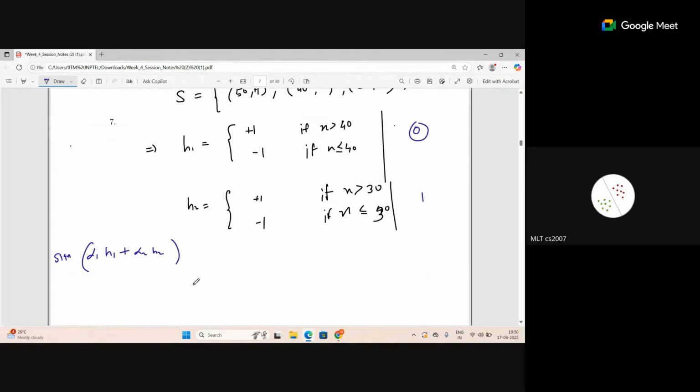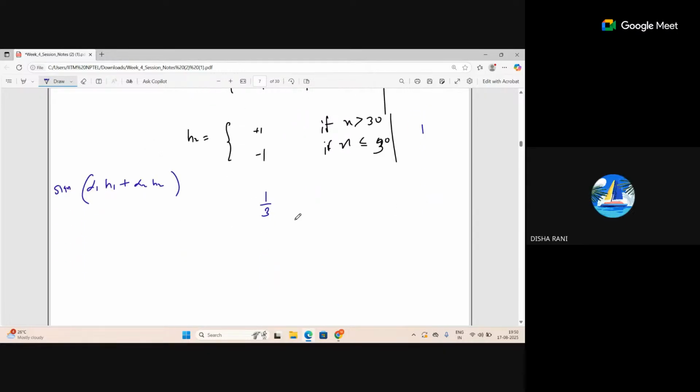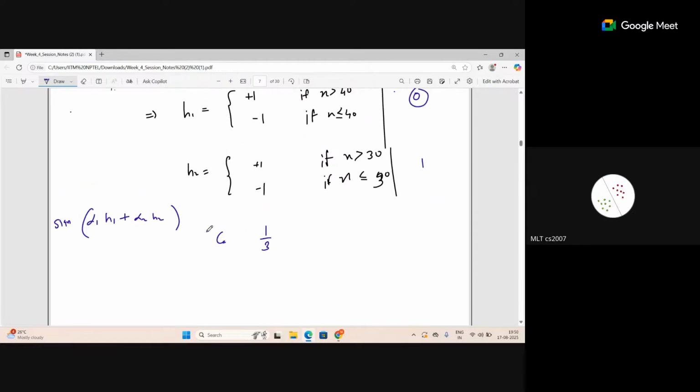In the initial step, you take 1 by n. So let's say you have three points. Each of the points will have what weightage? 1 by 3. Fine. What will be the error for the first decision stump, h1? 1 by 3 into 0, 1 by 3 into 0, 1 by 3 into 0, so it's 0.